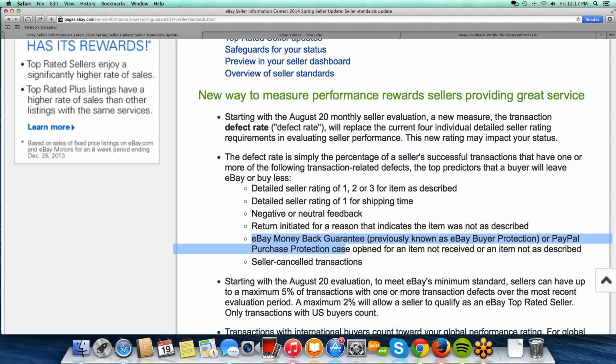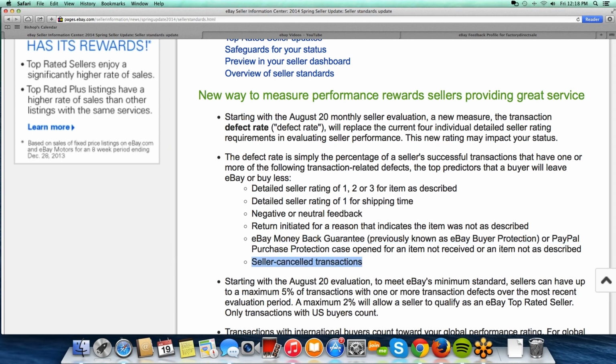The fifth one here is eBay money back guarantee or PayPal purchase protection case opened for an item not received or an item not as described. So if somebody opens a case with eBay to get their money back because the item isn't as described, that's a defect as well.